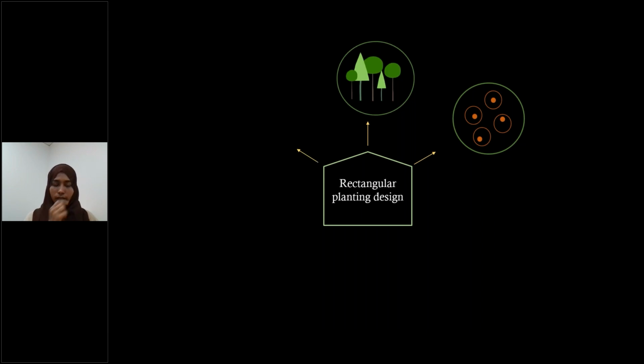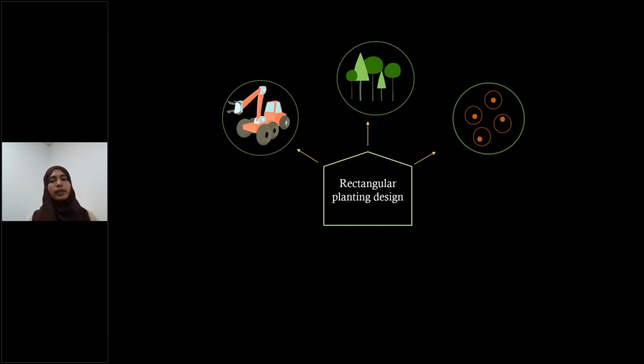And the third one that I want to mention is that in Sweden, all of the forest operations are usually done by machines, except pre-commercial thinning. But if we use rectangular planting design and create a corridor through it, we can actually use machines to do pre-commercial thinning using that corridor.